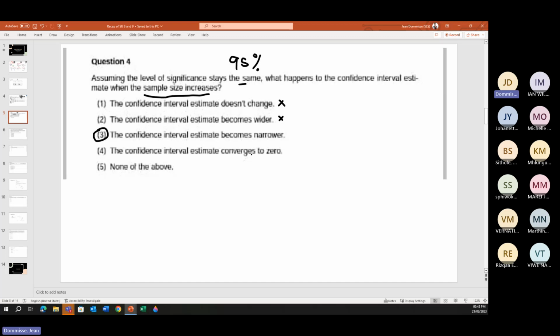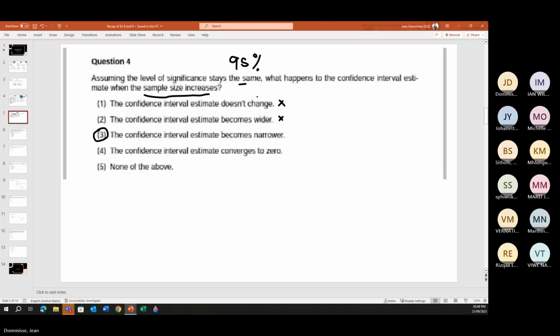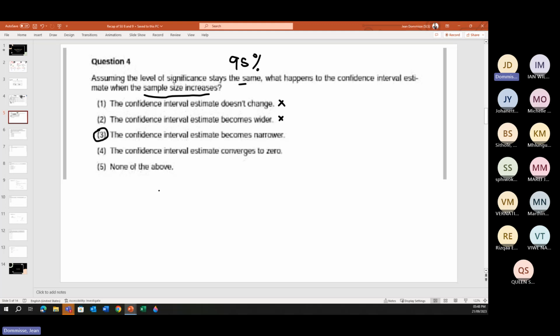So this is also interesting. The confidence interval estimate converges to 0. Okay, so let's look at the previous one. It doesn't converge to 0. What will happen, and I assumed here it was probably that your mean was 100, is that the bigger your sample size, the confidence interval estimate will converge to the mean.